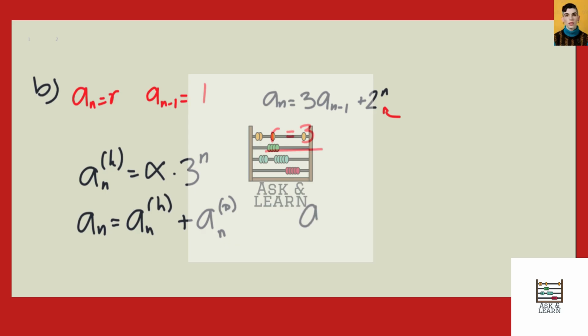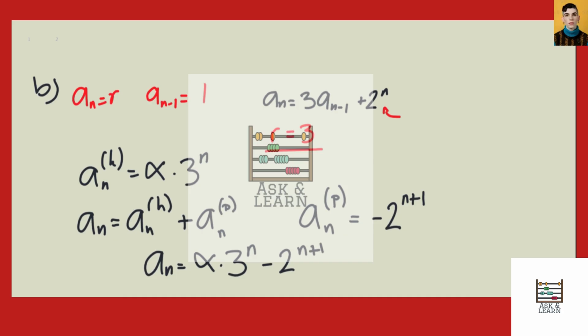And in this case, the particular part is equal to -2^(n+1). And so by their powers combined, we get that a_n is equal to alpha times 3^n minus 2^(n+1). Okay, and so this was what we figured out in part A.